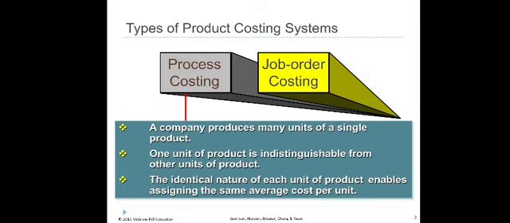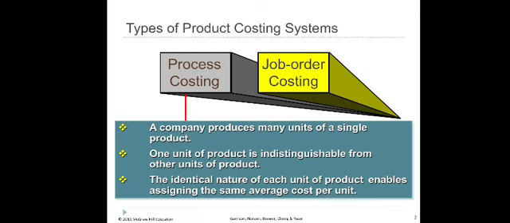Process costing is a costing system that is used by a company that produces many units of a single product. In the process costing system, one unit product is indistinguishable from other units of product. And point number 3, the identical nature of each unit of product enables assigning the same average cost per unit.